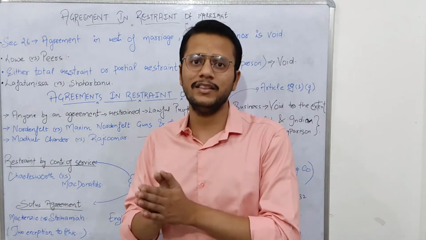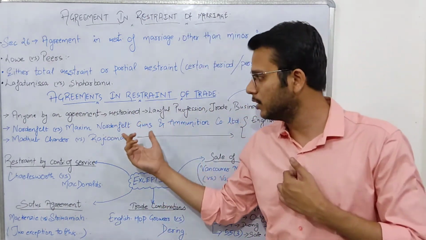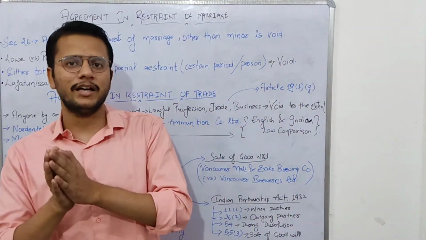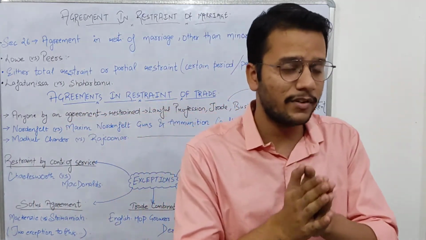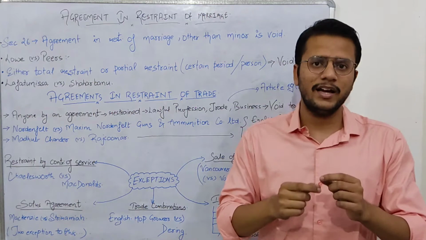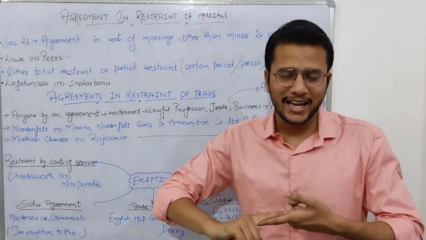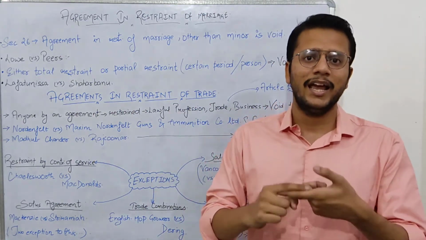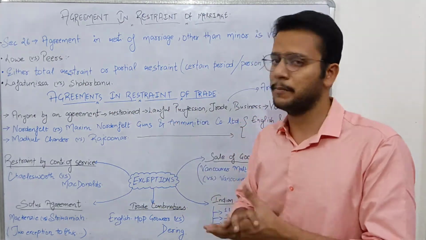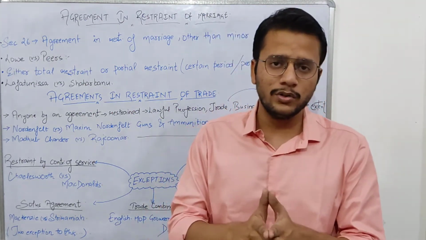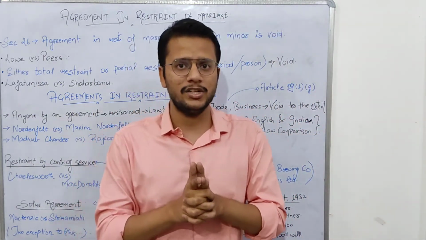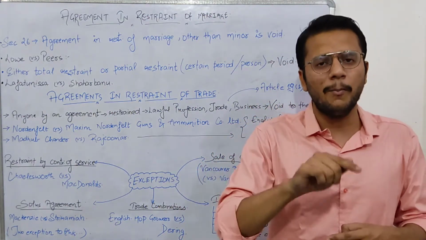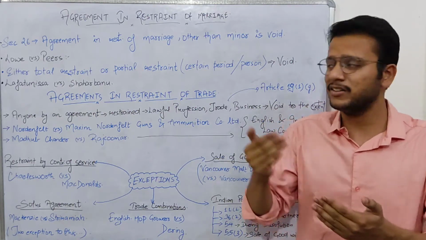He makes an agreement with this other company, Maxim Nordenfelt Guns, that for a certain amount of money, he will not produce any kind of guns in the future for the next 25 years in the locality in which this company is functioning. That is the first point. The second clause of this agreement mentions that he will not do any other kind of business which will be in competition or will give hindrance to this.